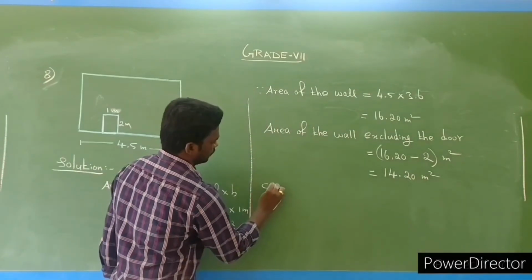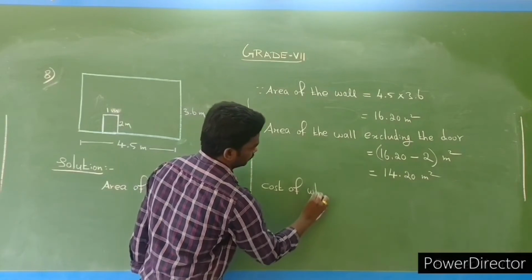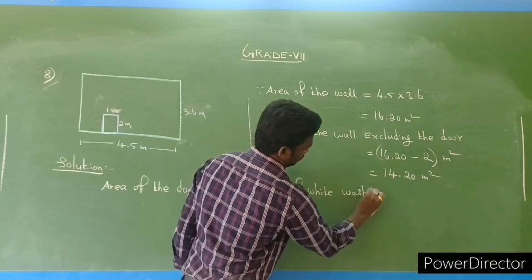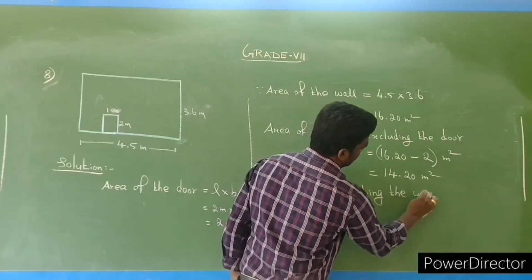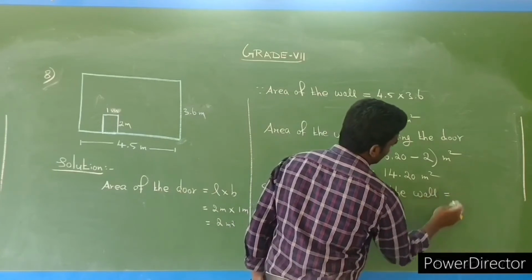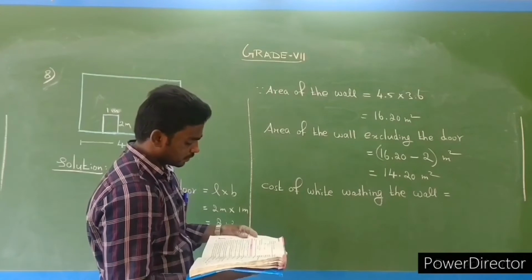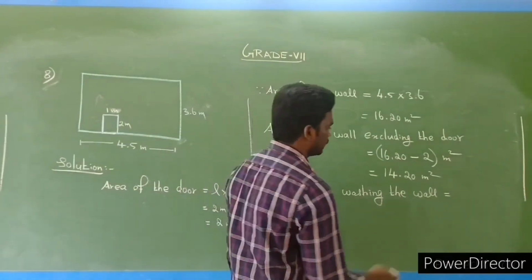Now, cost of whitewashing the wall. Find the cost of whitewashing the wall if the rate of whitewashing the wall is rupees 20 per meter square.